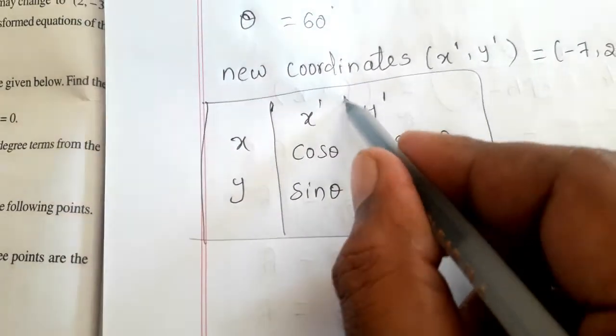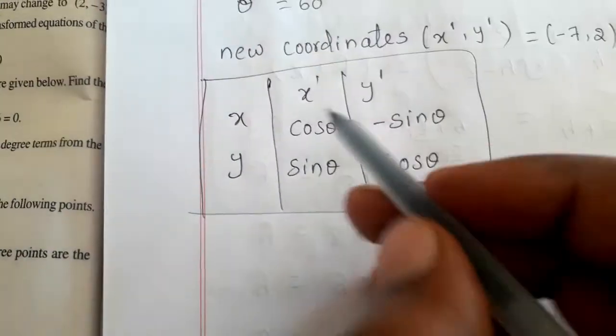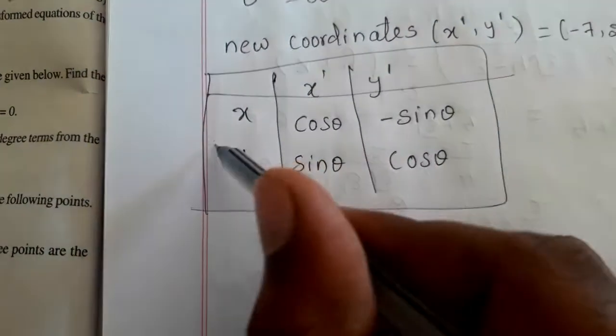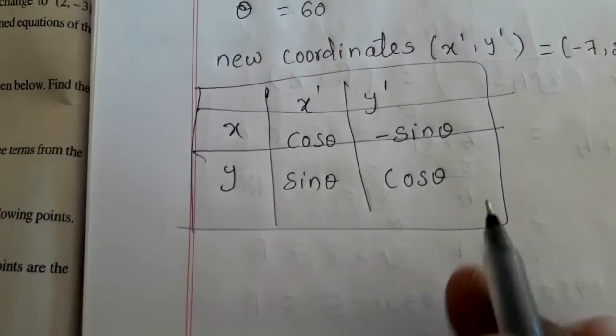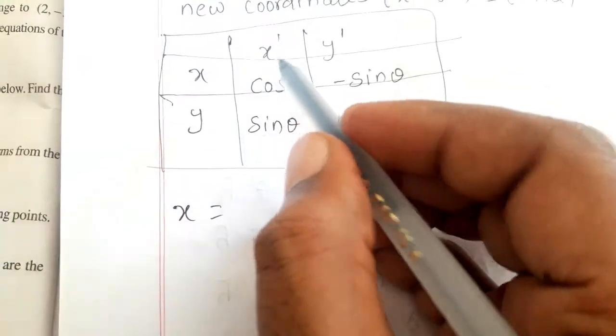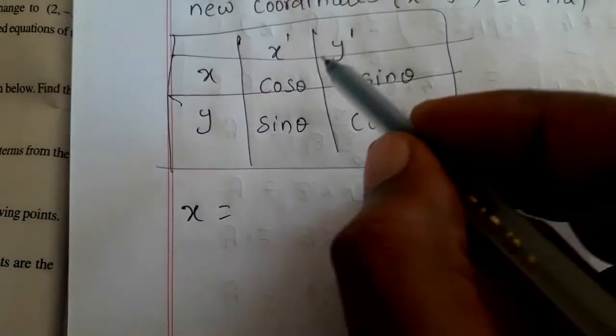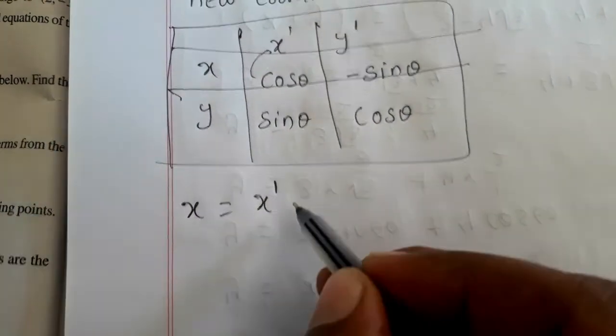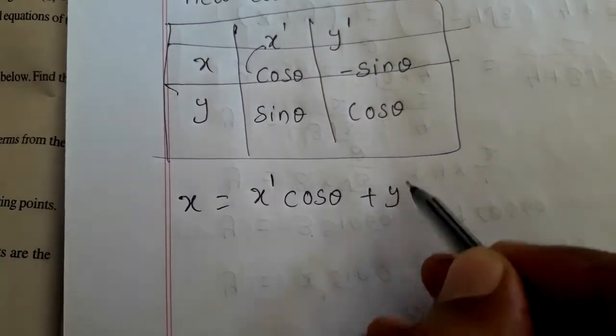If original coordinates are given, we can find out new coordinates by using this box. If new coordinates are given, we can find out the original coordinates by using this box. So x is equal to x dash into cos theta plus y dash into minus sin theta.